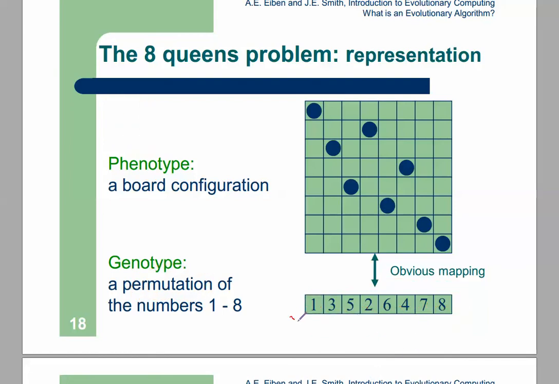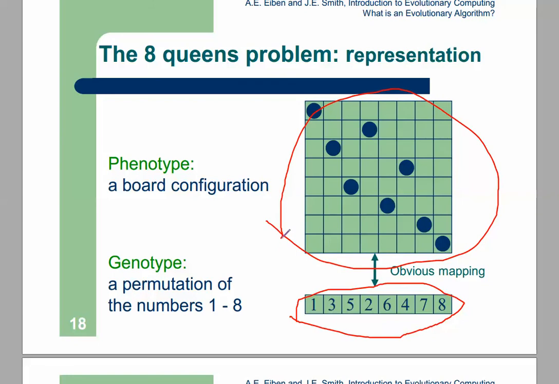The search space of this representation is much lower than the binary representation of this problem, because at the beginning of location you have 8 choices. For the second queen you have 7 rows, because this row cannot be used.